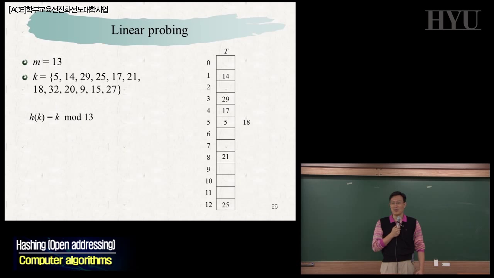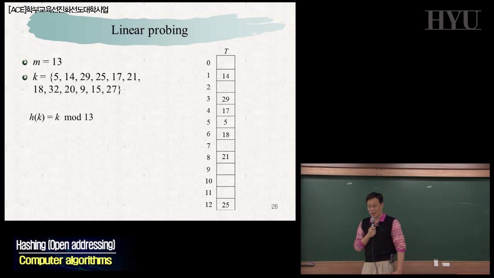Very simple. Just check the next slot, and if it is empty, we store it there. That is linear probing.